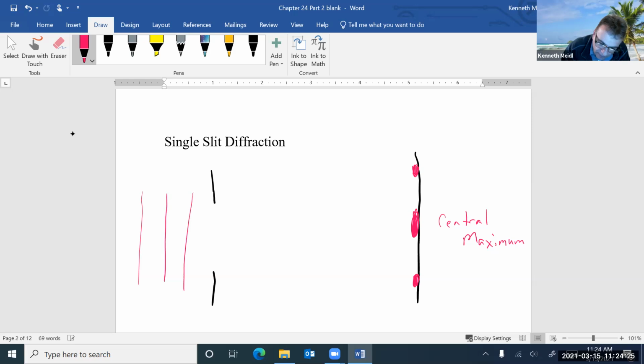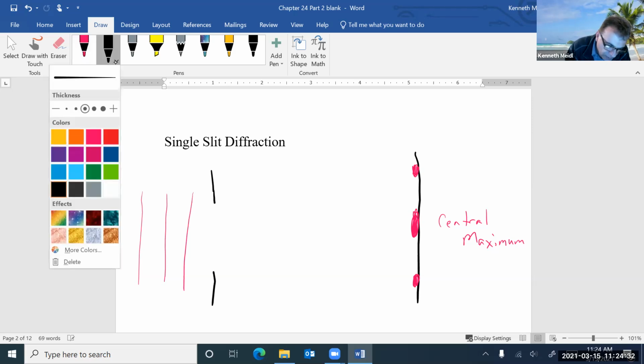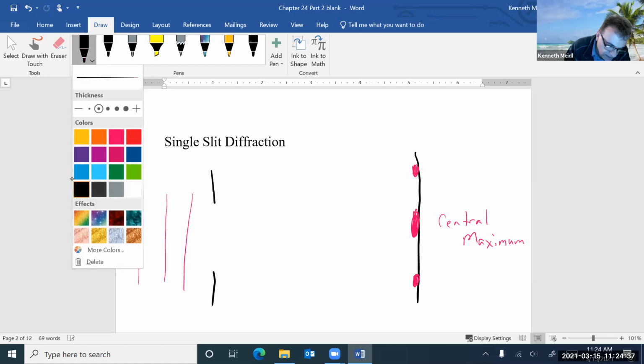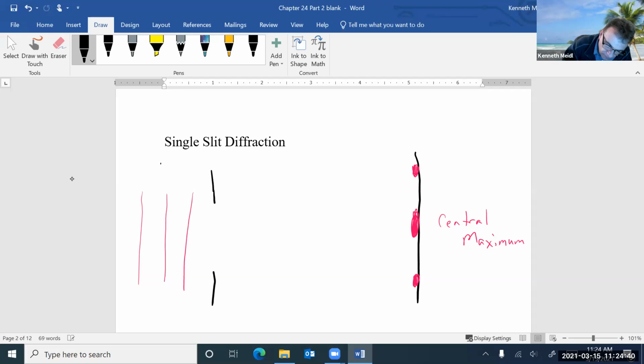If you get a bright spot someplace, or a dark spot someplace, something interesting is happening with the waves. So I'm going to go right from the edge of the opening here, and your textbook still wants to call this D. A lot of times textbooks will call that a, for the aperture opening. I'm going to go right to this dark spot, to that edge, and to the middle right here.